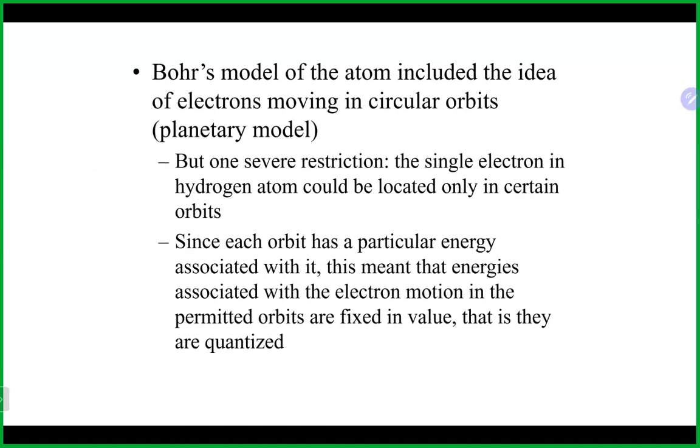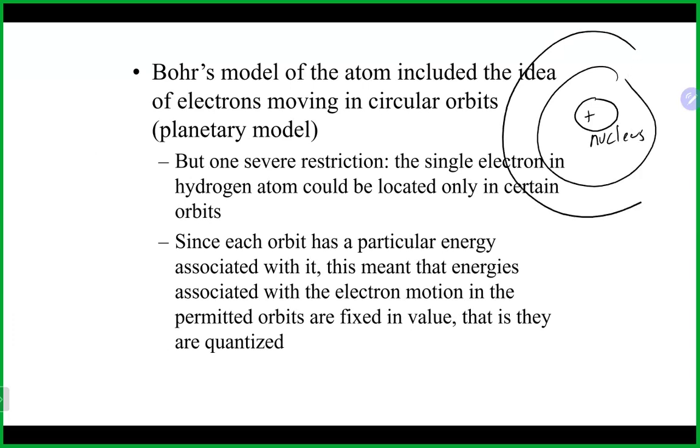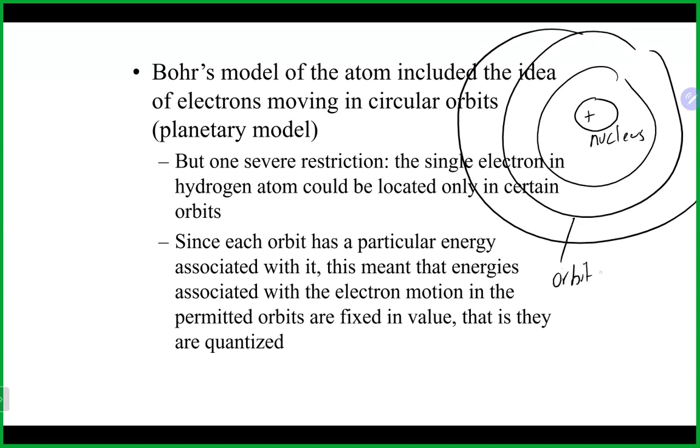You may be familiar with the idea of Bohr and maybe not know it's the Bohr idea, but we basically have our positive nucleus here because we have our protons. And the idea of Bohr is this planetary model where we have, badly drawn, these orbits where electrons are restricted to be, and they're going around in pretty little circles around the nucleus.